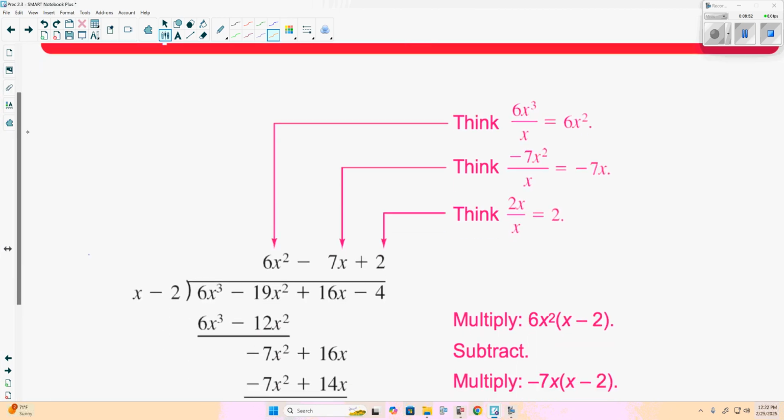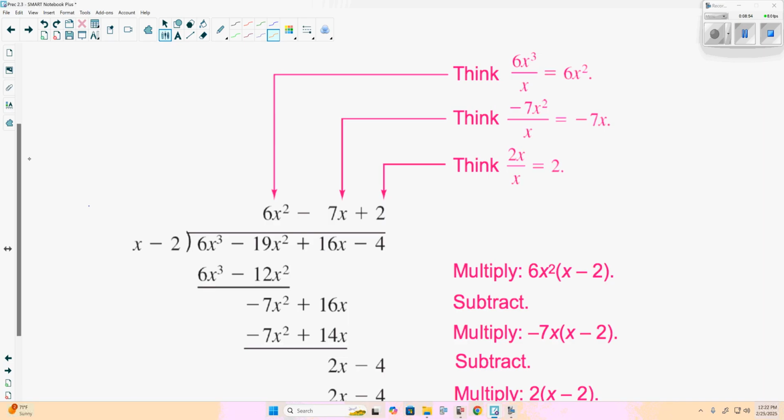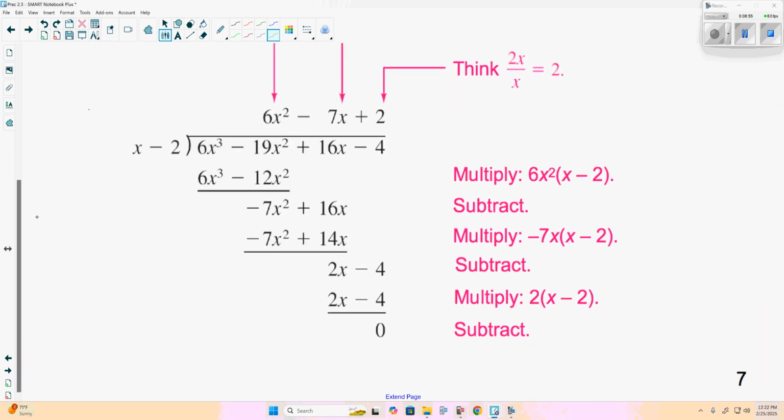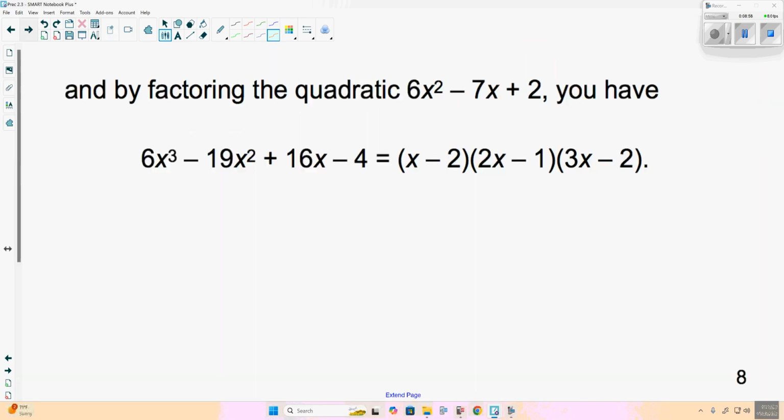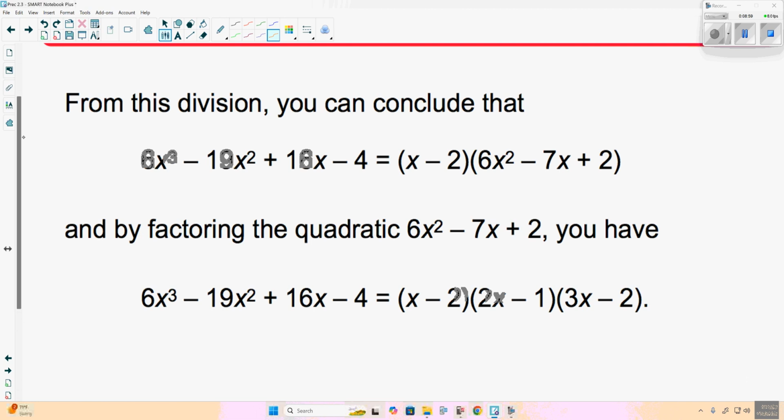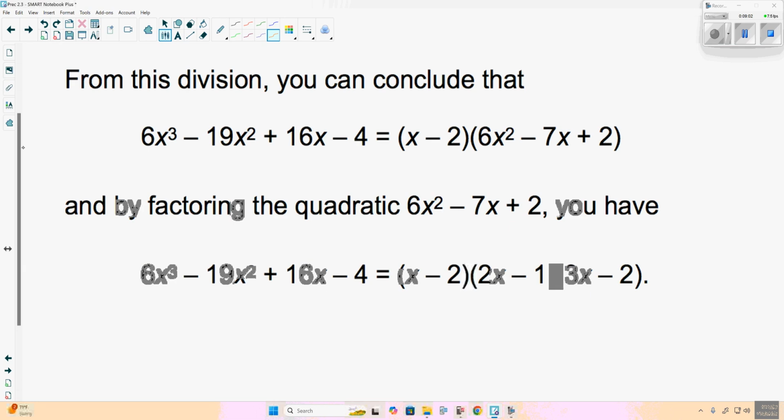And that's what they did here. So they do a dividing step. Look at this here, and then we can conclude, just as we said, x minus 2 times 6x squared minus 7x plus 2. Factor it to get this polynomial down to a completely factored form.